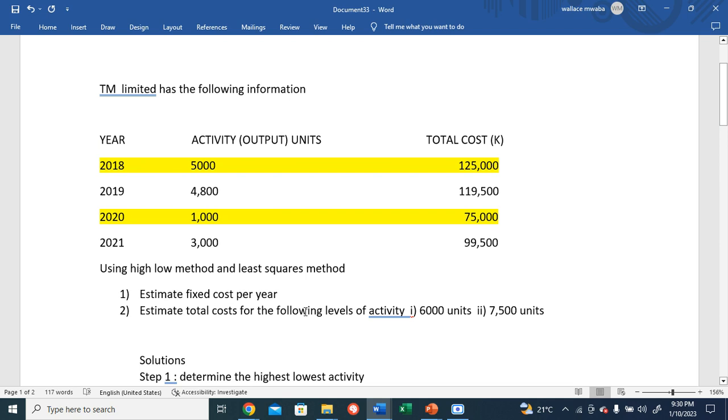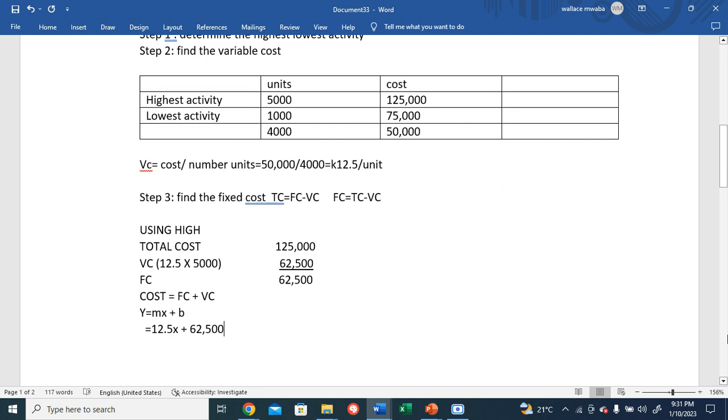We've put it in equation format, and we can answer the second part, where they ask us to estimate the total costs for 6,000 units and 7,500 units. We just replace x with 6,000 and 7,500.